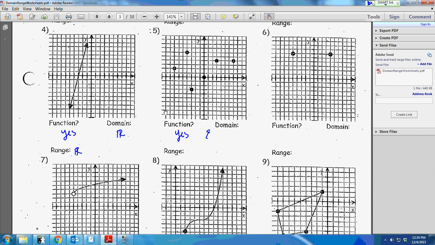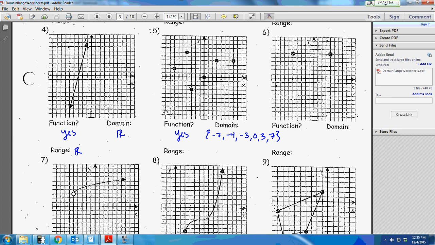So I'm going to go from left to right. What is the x value here? And then what about here? What about here? 3. And then here. And then here. It's just the set of x values.